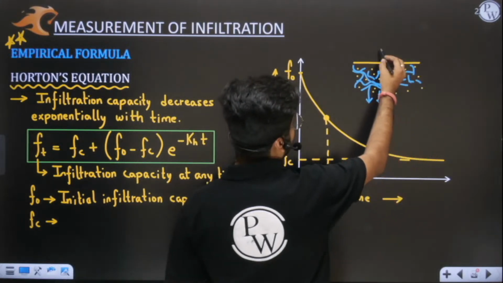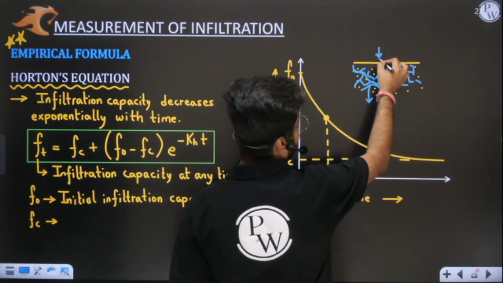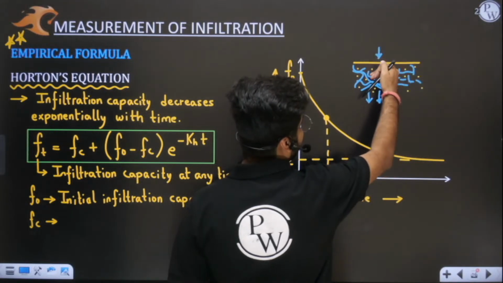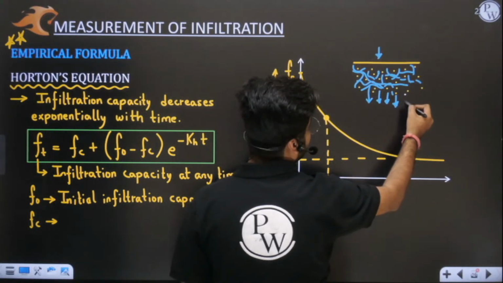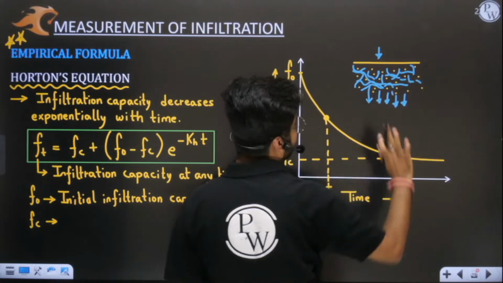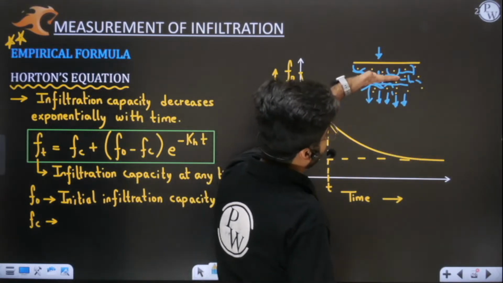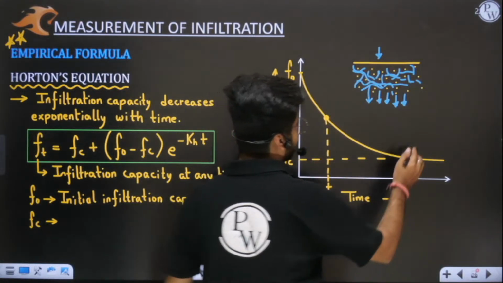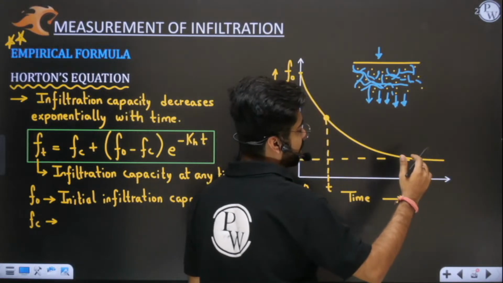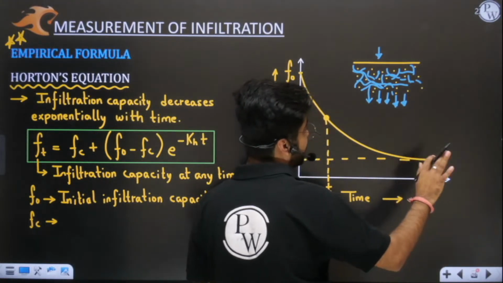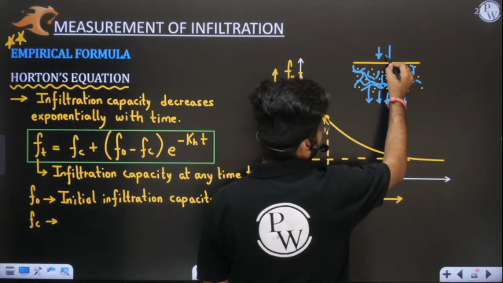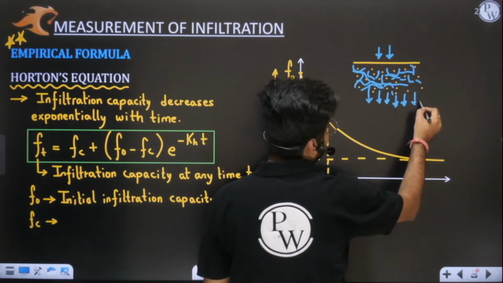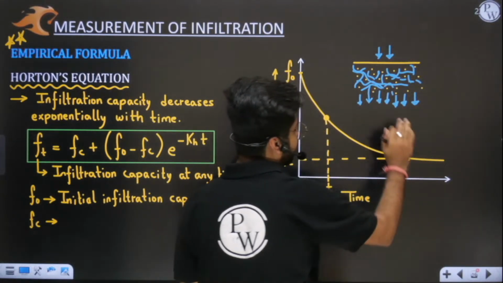Now whatever rainfall will happen, it will come inside. This will be completely saturated every time. Some water will move from here. Listen very carefully. Now a steady state will be reached. An equilibrium state will be reached, where whatever water is entering from here is leaving from the bottom.